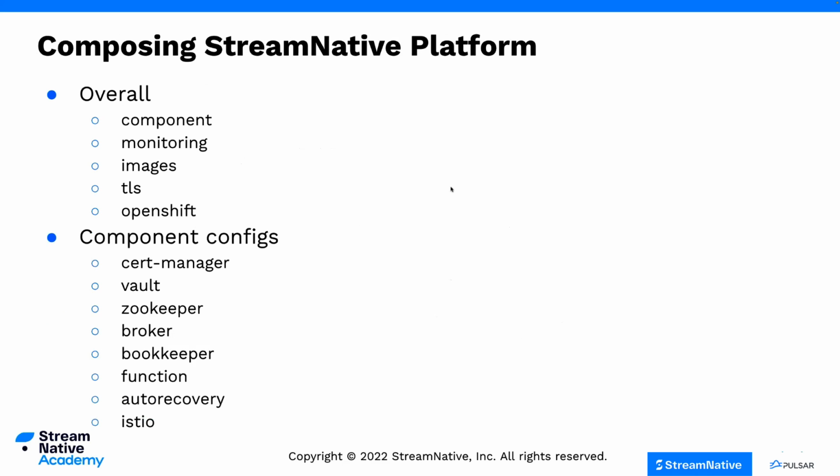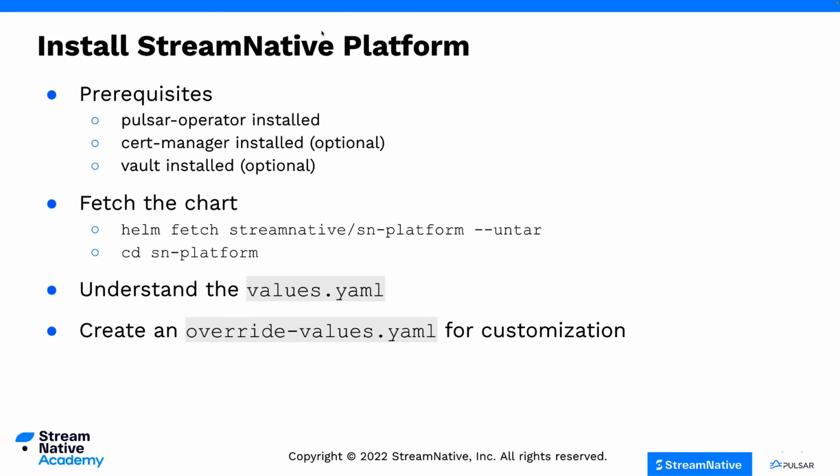Okay, so remember, the StreamNative platform is built on the operator. So basically, what we do in labs 1 to 3 is just experience what the Pulsar operator is doing, so that we have the platform built on this.